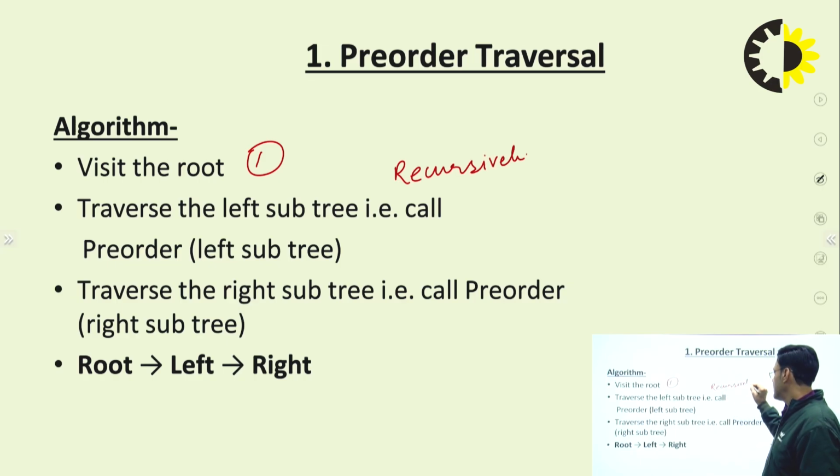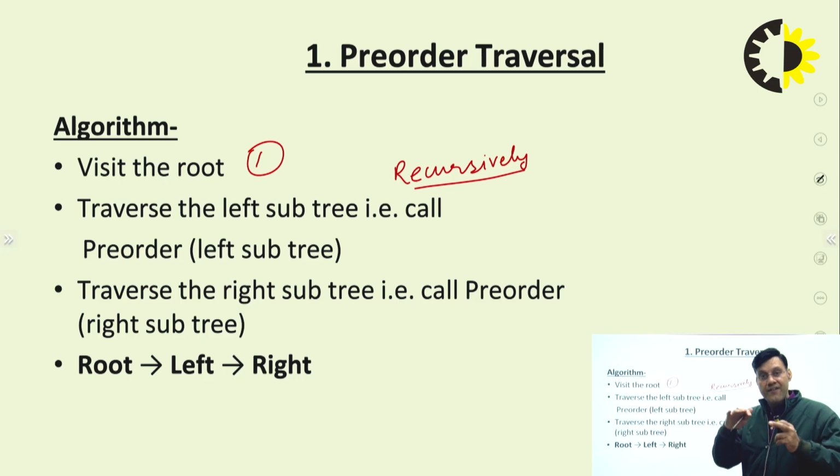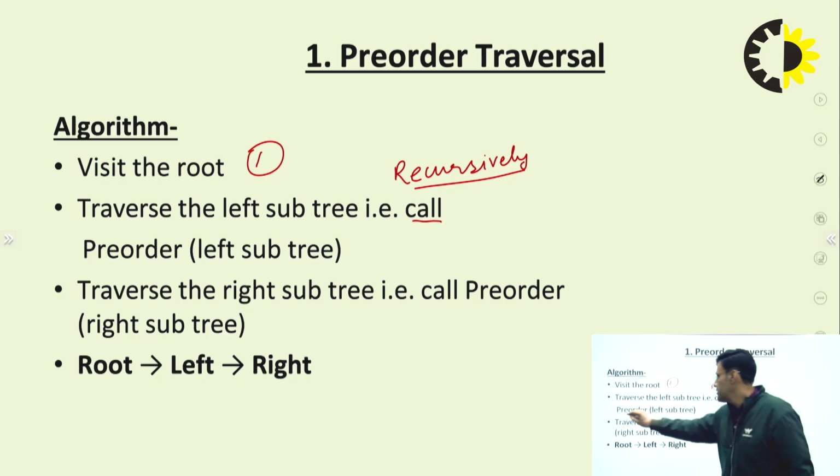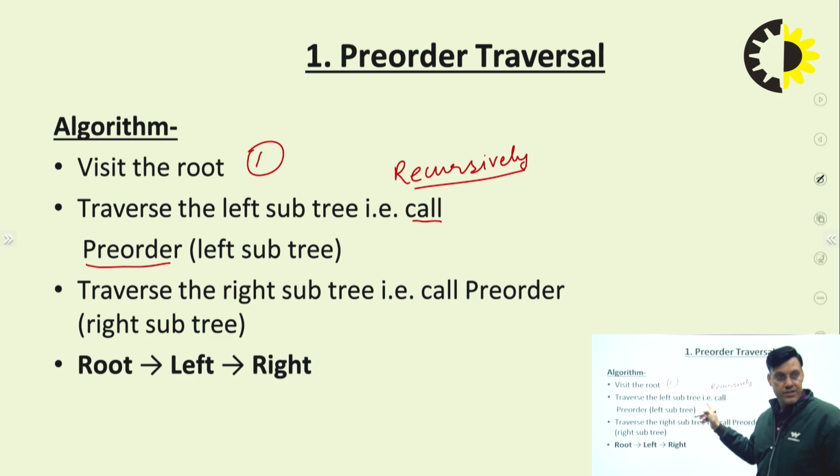It is done recursively because there exists a whole left subtree, and in that left subtree there are a number of nodes. Okay. So again we will call pre-order. See, this is a recursive function.